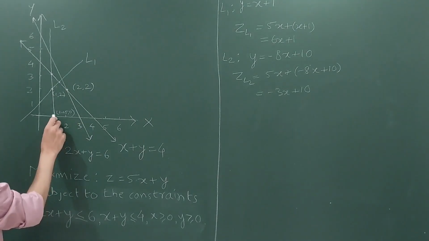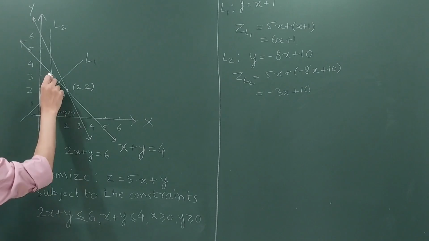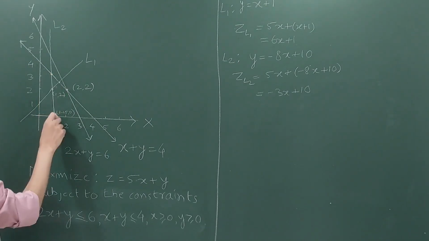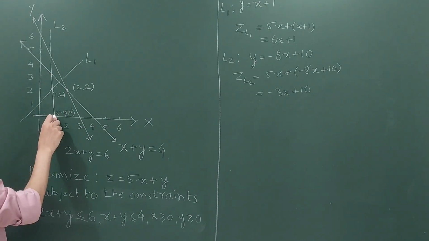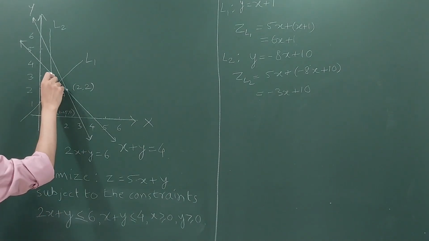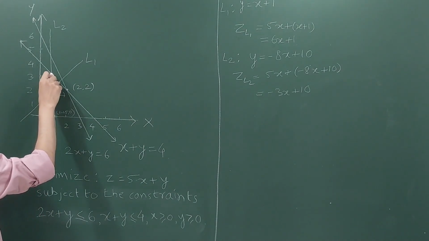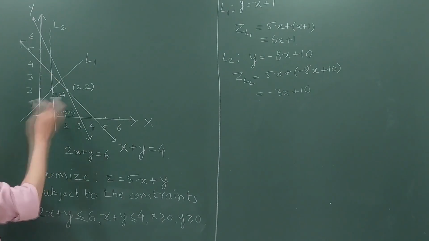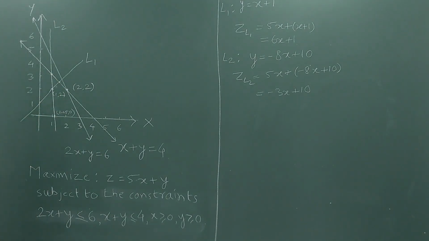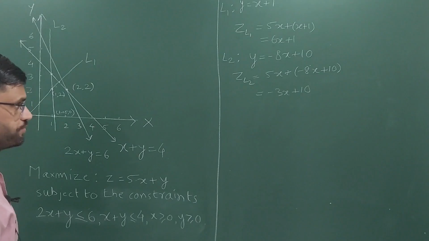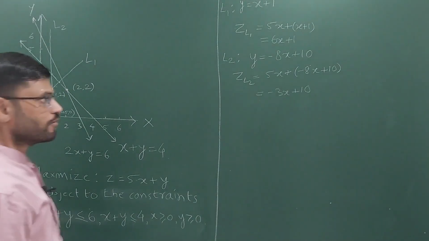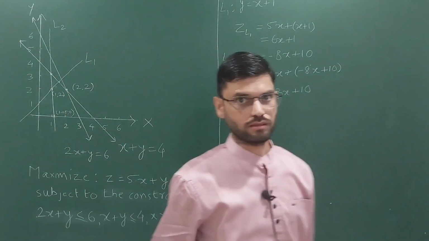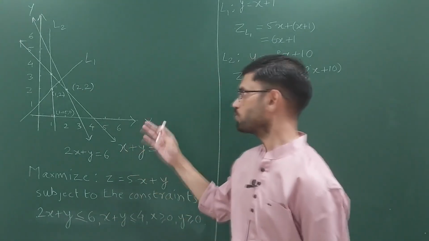Consider that segment and analyze any segment that lies inside the feasible region, and the maximum will be attained at one of the endpoints, and the minimum will be attained at the other endpoint of the objective function. So we have progressed quite a bit toward what we want to prove.